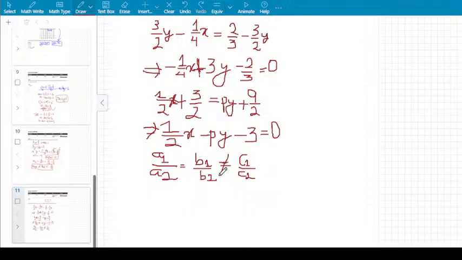Okay, so let's find out a1 by a2. a1 by a2 is equal to minus 1 by 4 divided by 1 by 2, which will be minus 1 by 4 multiplied by 2, which will be minus 1 by 2.